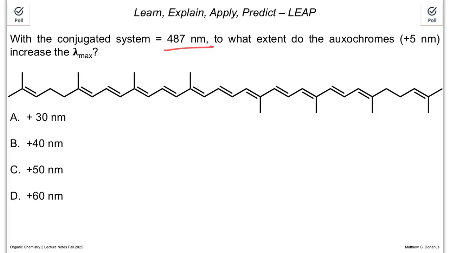Let me just highlight the backbone again. So how much more are the auxochromes going to add if they're each worth 5 nanometers?